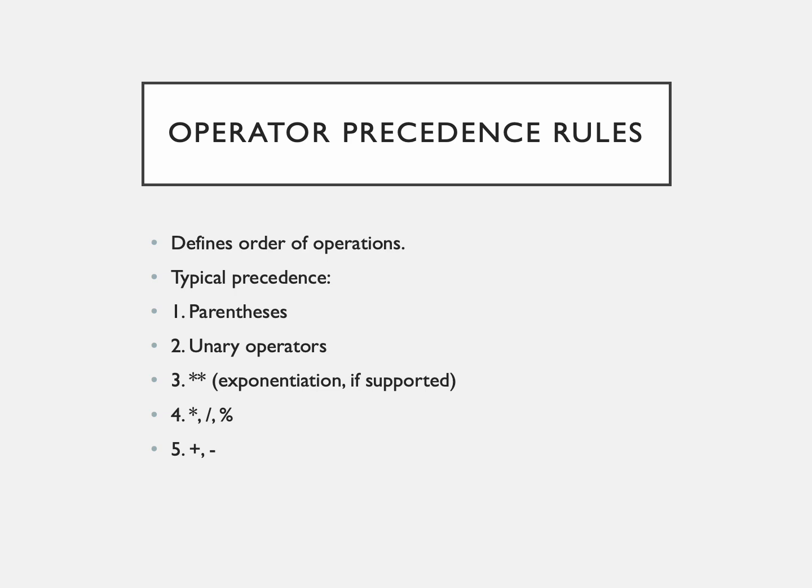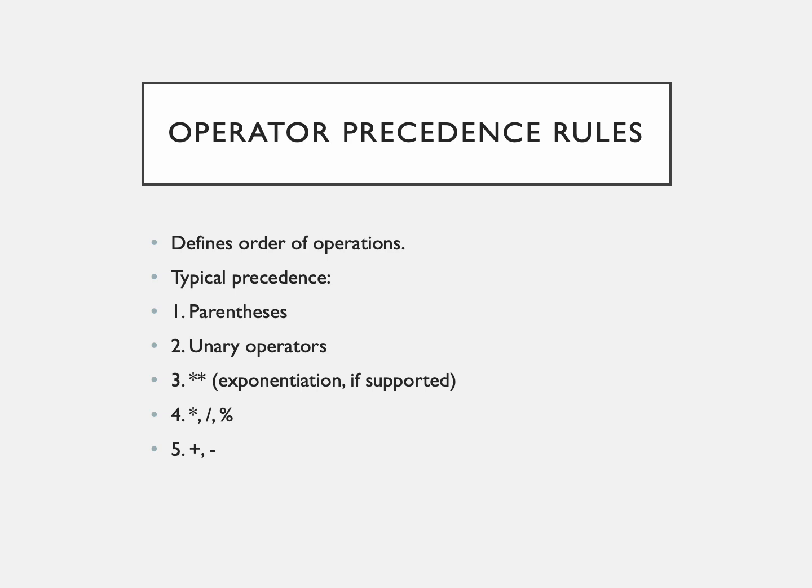So here we have some typical operator precedence. We have parentheses with the highest precedence, ensuring specific operations are evaluated first. Then unary operators, plus, minus, plus plus, minus minus, which execute before any binary operations.